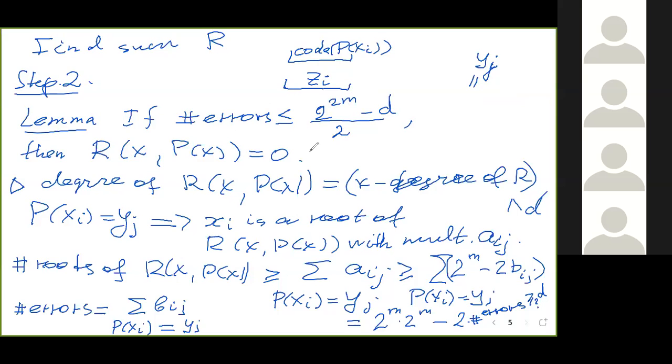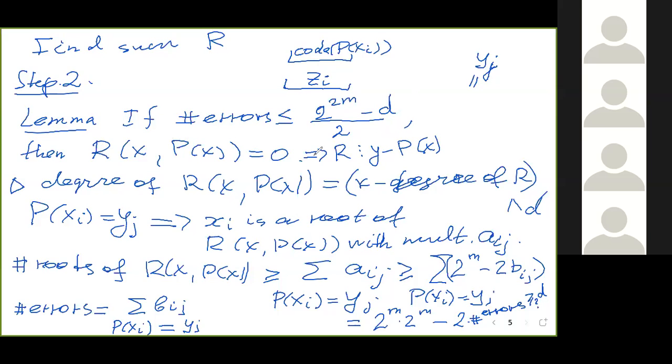Okay, now I switch to English. And this lemma guarantees that if this inequality is fulfilled, we are in good shape. What does it mean? We know that P of x is a root of this. And we know that this implies, actually, that R is divisible by y minus P of x.